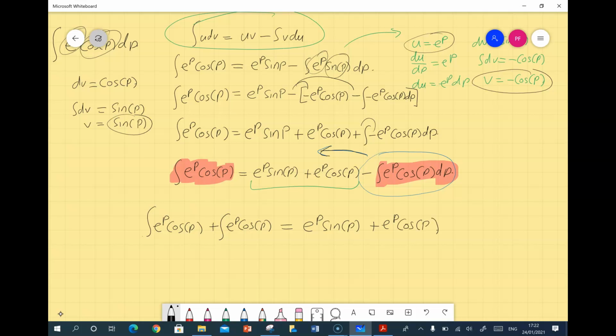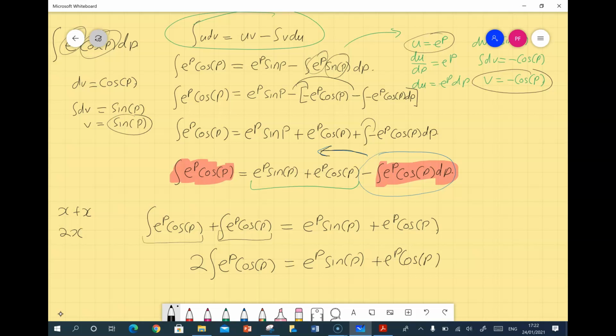Now, I have two things that are exactly the same, one here and one here. So altogether I have 2 times e to the power of p cos of p. Just to be clear, if I have x and I have x, that means I have 2x. That's what I'm doing, just adding them. So equals e to the power of p sine p plus e to the power of p cos of p.